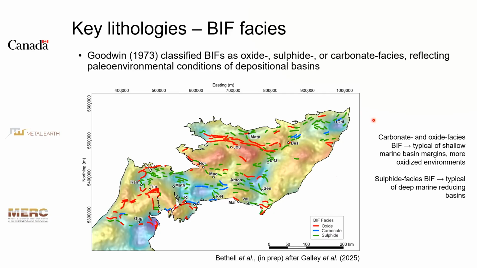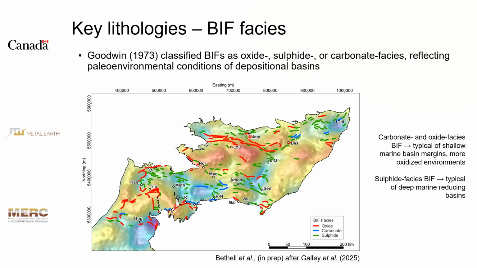The idea is that the carbonate and oxide facies BIF would be typical of shallow marine basins, probably along the margins, reflecting more oxidized environments, and the sulfide facies BIF reflecting deeper marine reducing basins. So we see an association.